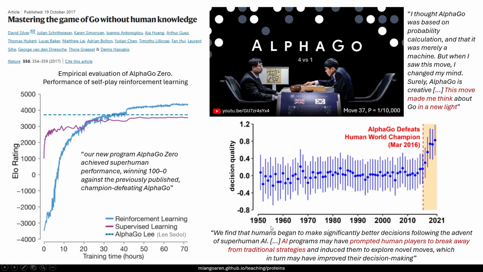This is precisely what we see in this graph, on the y axis, a metric that was designed in this particular article, which measures how good a move is in the game of Go in relation to the years. And what we observe is that when the AlphaGo algorithm appears, humans have learned more and more creative, innovative, and interesting plays that improve the probability of being able to win a particular game of Go.